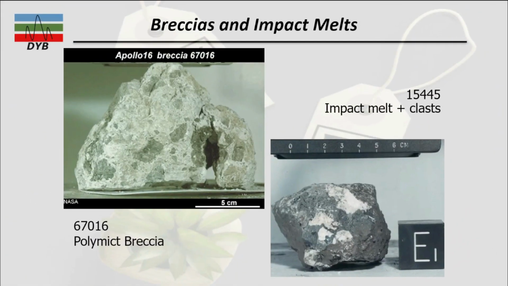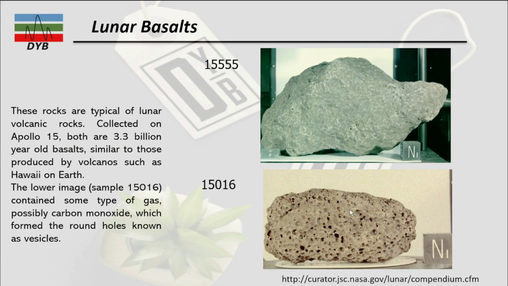There is another rock, the polymict breccia, on the left side, and on the right side is impact melt clast. These are taken from Apollo mission 16, and this is also from 16. Then we have some lunar basalt. Normally these rocks are typically lunar volcanic rocks.